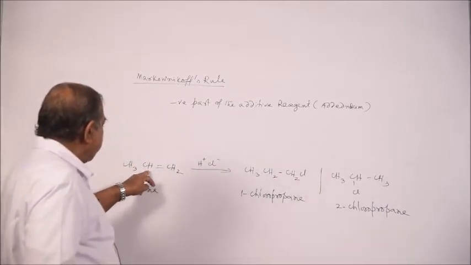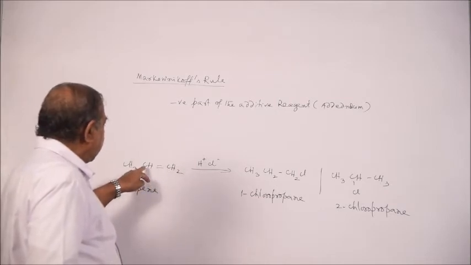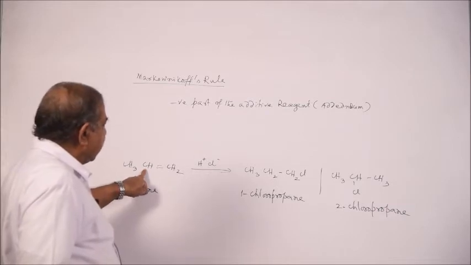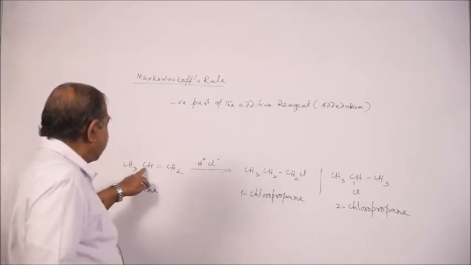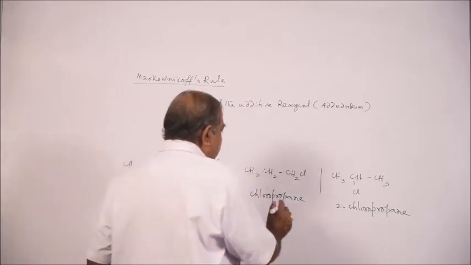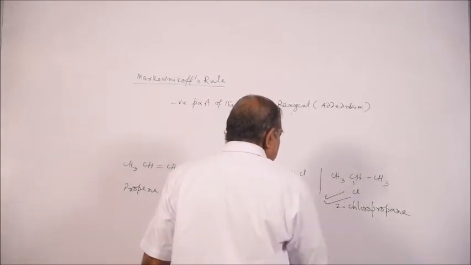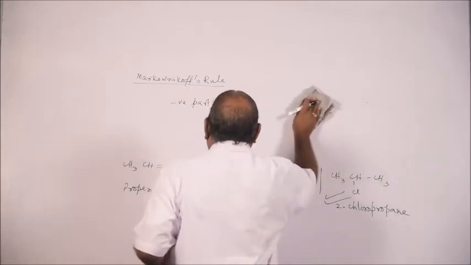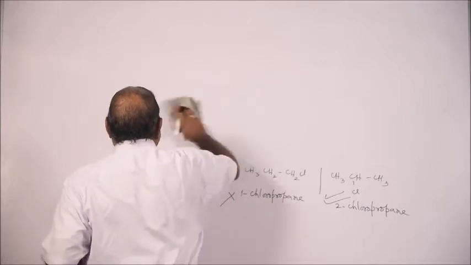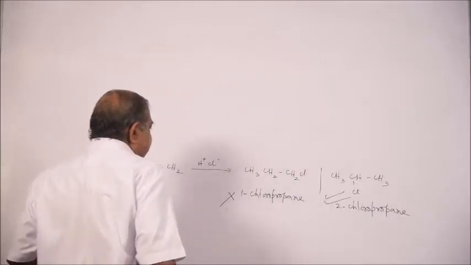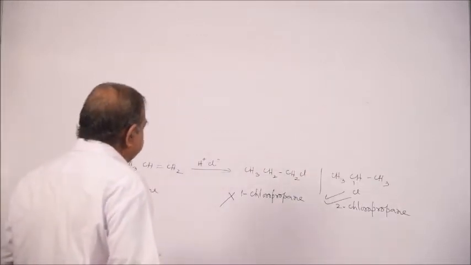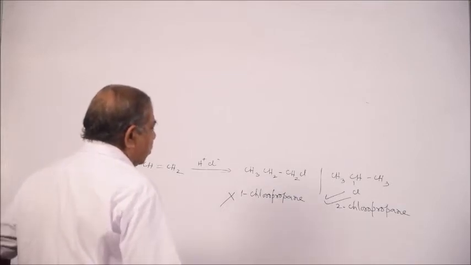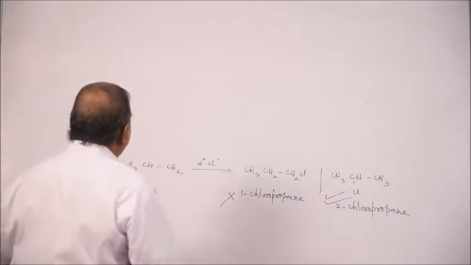Here you can see between carbon atom 1 and 2, carbon atom 2 contains the least number of hydrogens, so the negative part Cl minus will attach to the second carbon atom. Therefore, the product will be 2-chloropropane but not 1-chloropropane. So, according to Markovnikov's rule, when propene is treated with HCl, it will give 2-chloropropane but not 1-chloropropane.